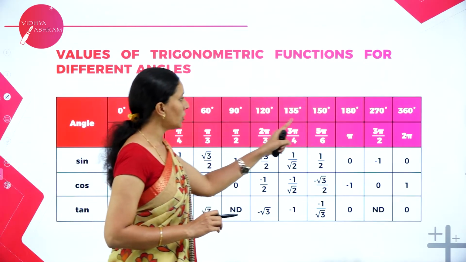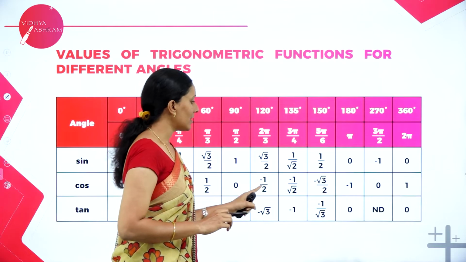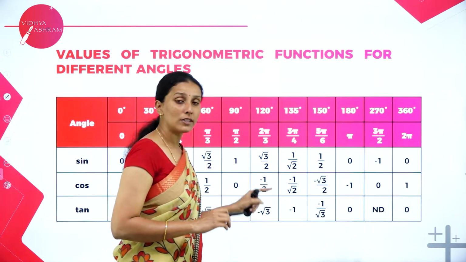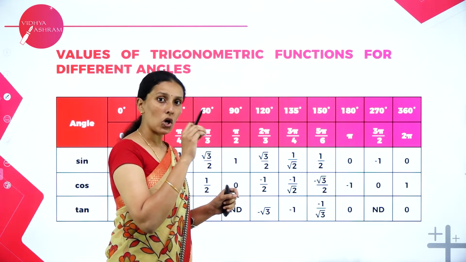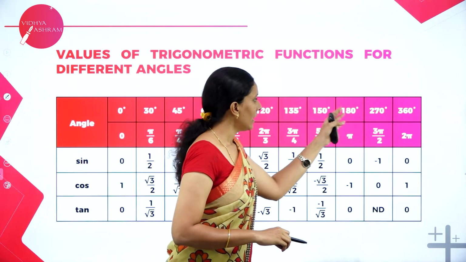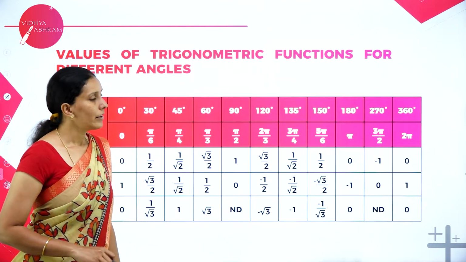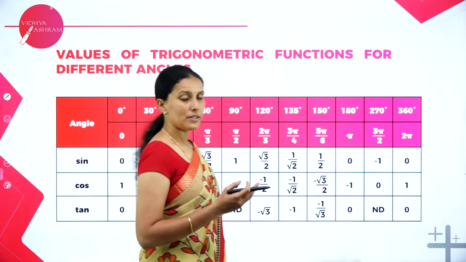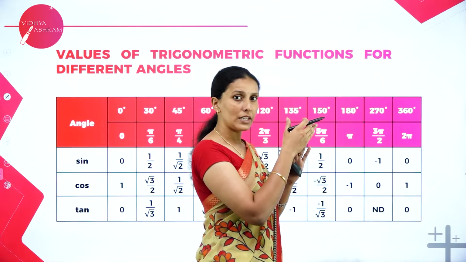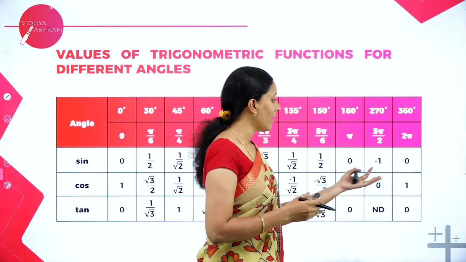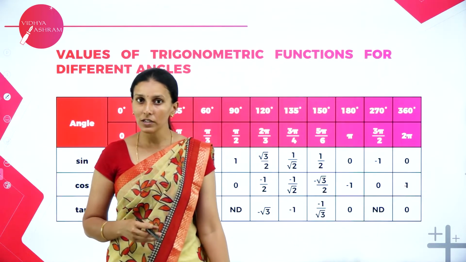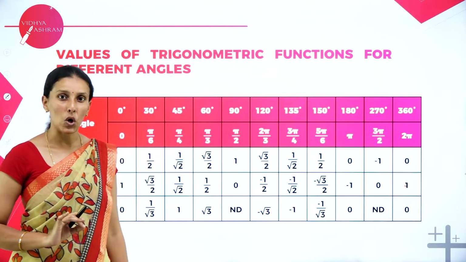From 90 to 180 degree, we have negative values of cos because in the second quadrant, cos is negative. And again in the third quadrant, negative. In the fourth quadrant, it is 360. 360 means it almost comes close to a 0 angle which lies in the first quadrant. Again in the first quadrant, cos is positive but whose value is same as cos 0 degree.